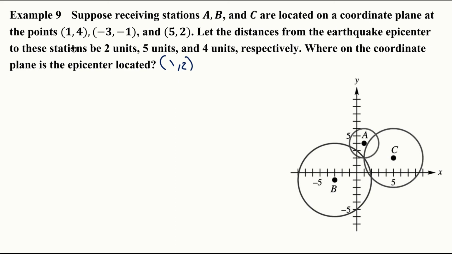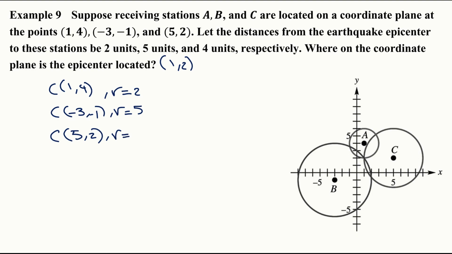So for example, for the first one with center at 1, 4 and radius 2, that's what this circle is. For the second one, we have center at negative 3, negative 1, and the radius is 5. For the third one, we have center at 5, 2, and the radius is 4.